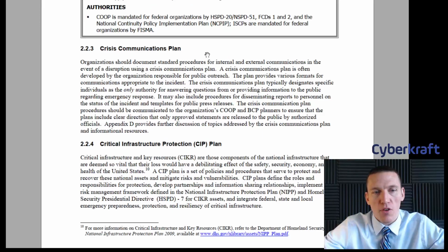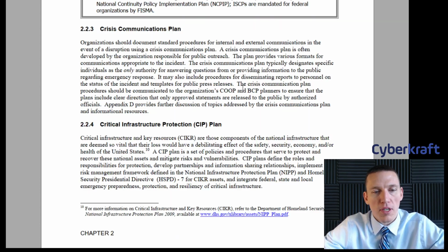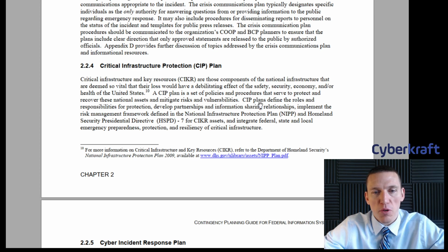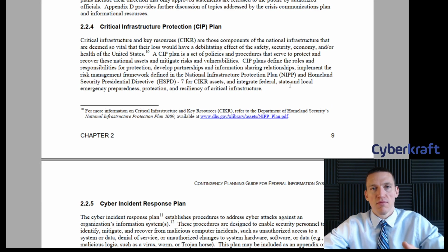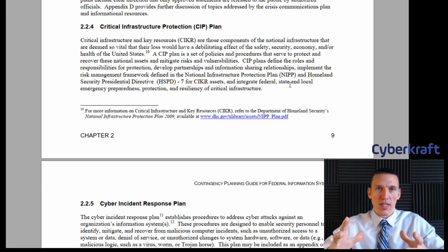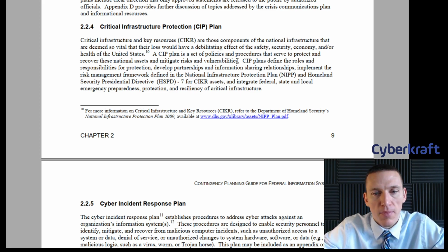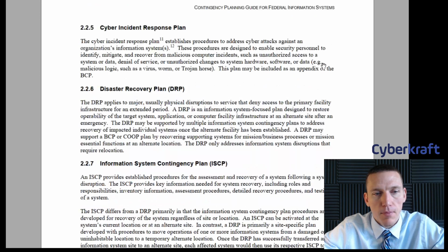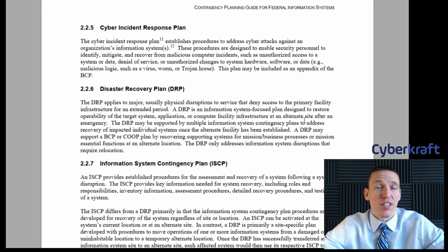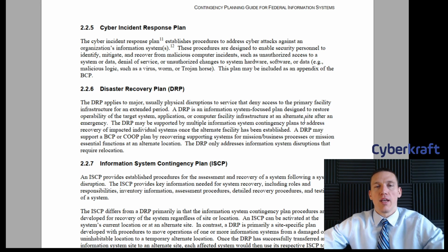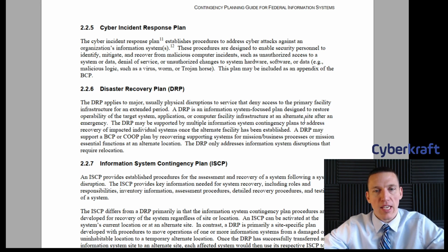Then you have a crisis communications plan, and that's just how you would communicate during a disaster or some sort of disruption. Critical infrastructure plan, these are infrastructure focused, so I'm talking like utilities, power lines, etc. A cyber incident response plan, this might be a malicious hacking attempt or a cyber attack that disrupts key systems.